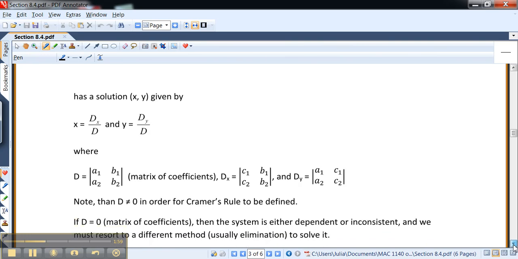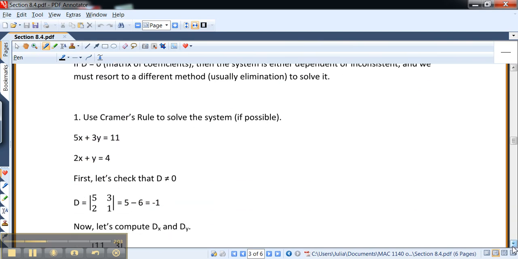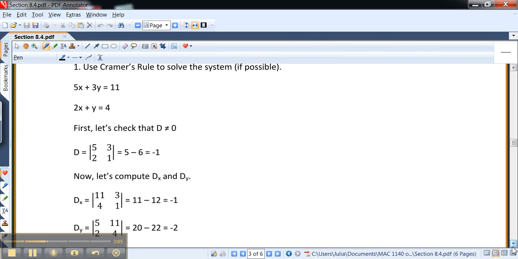And the same idea works with 3 by 3 when it's a lot more to remember. So notice here, if we have Cramer's rule, we check the determinant of the coefficients first, which is not 0, that's -1, that's a good thing. We compute the dx, which is, again, we place the solutions first, and then we keep the coefficients of y, and it happens to be -1.